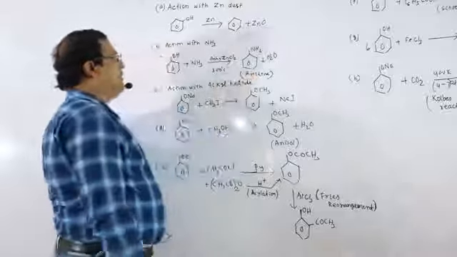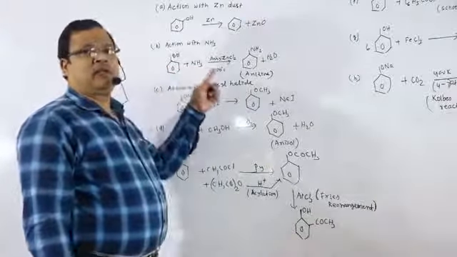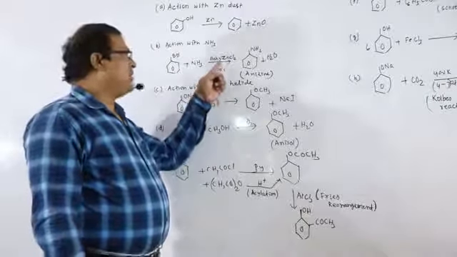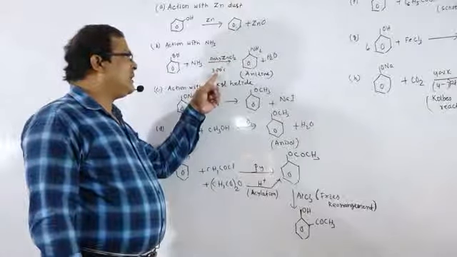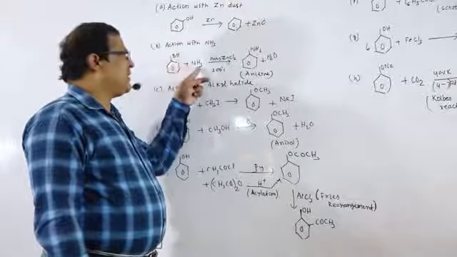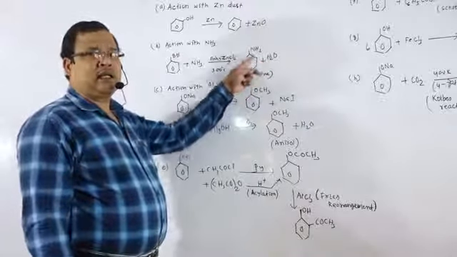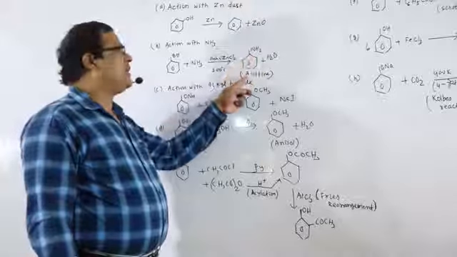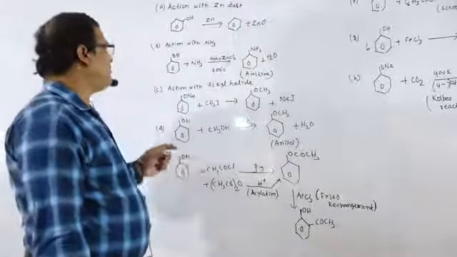Aniline will be formed whenever phenol is treated with ammonia in presence of anhydrous ZnCl2 at about 300 degrees centigrade, water is removed. The OH part and H part combine to form water, and the benzene ring is attached with NH2, that is the formula for aniline.